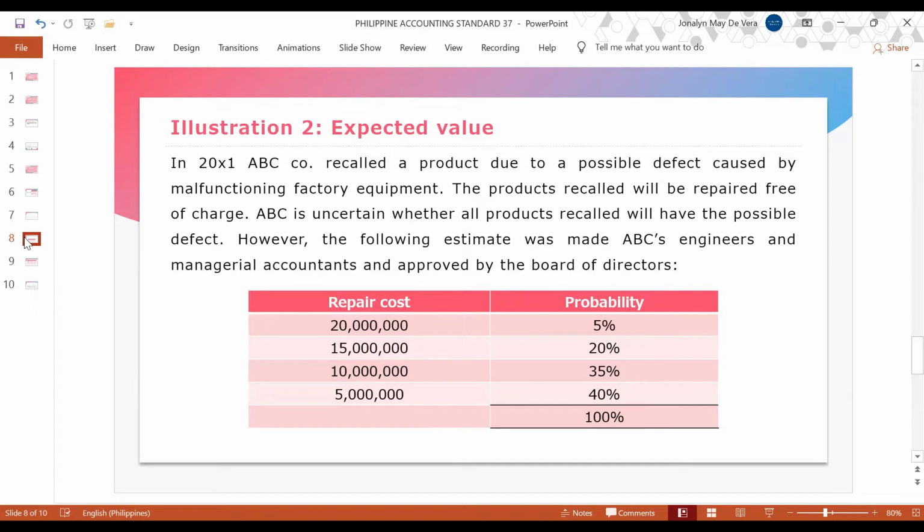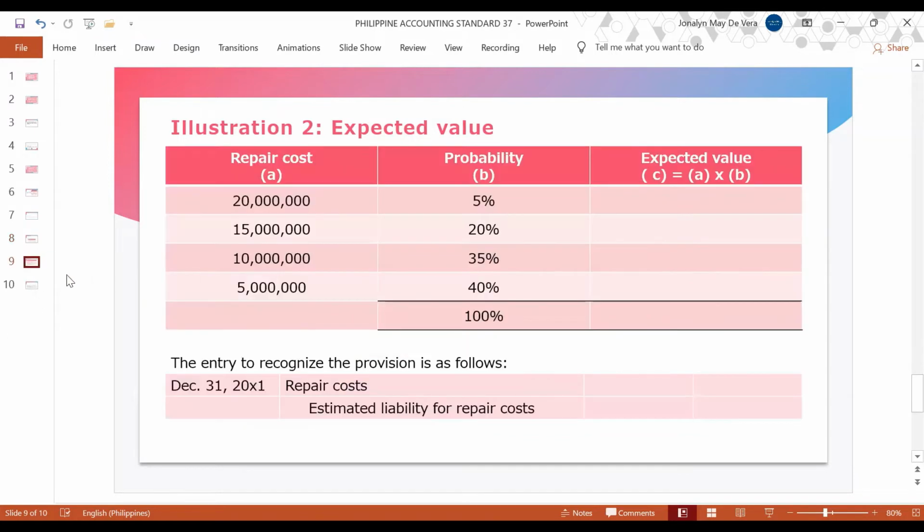So these are the repair cost and probability of the illustration 2. So what we're going to do is we're going to multiply the repair cost to its probability to get the expected value and get the sum of all the expected value to get the total value. So here in example, sasagutan po natin.